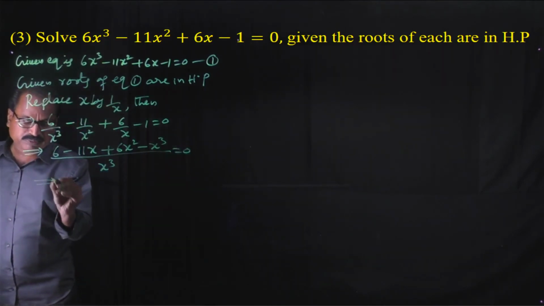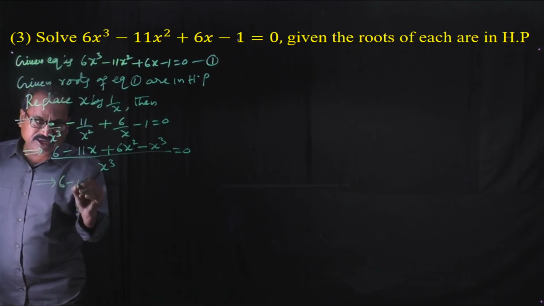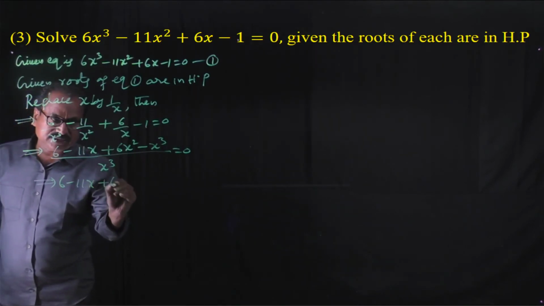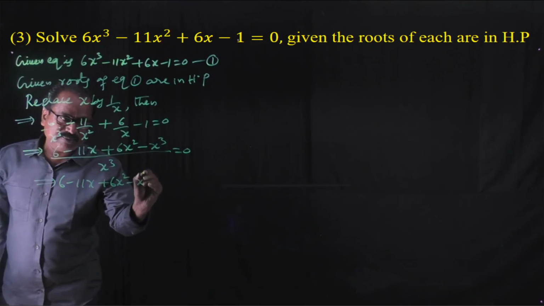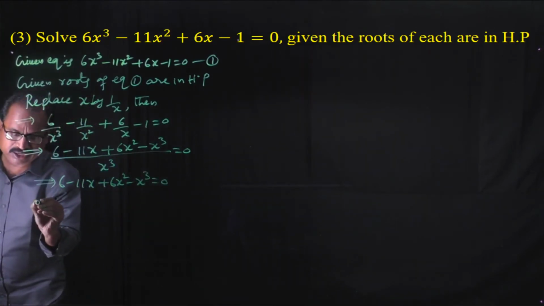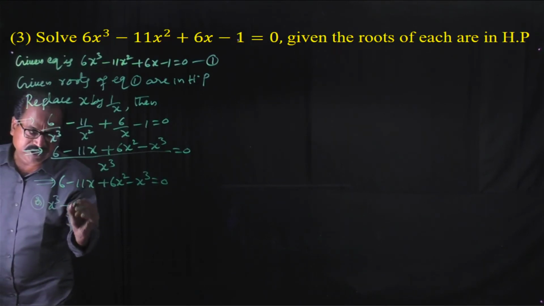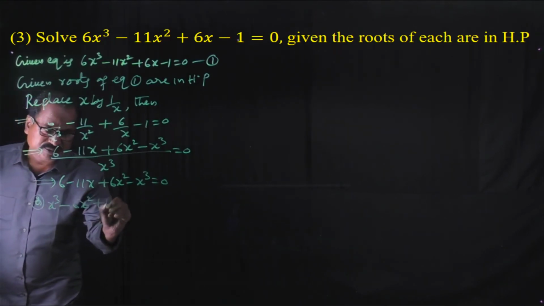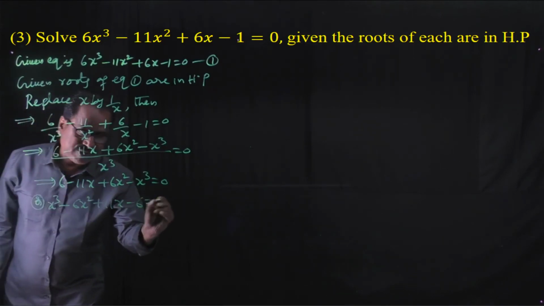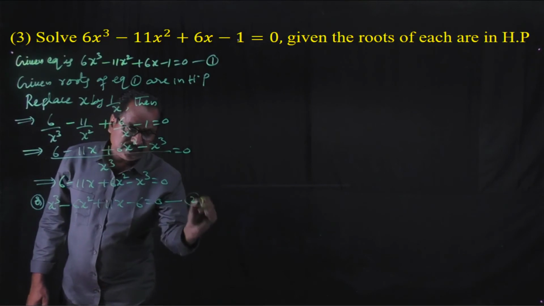So this implies x cube minus 6x square plus 11x minus 6 is equal to 0. This is equation number 2.